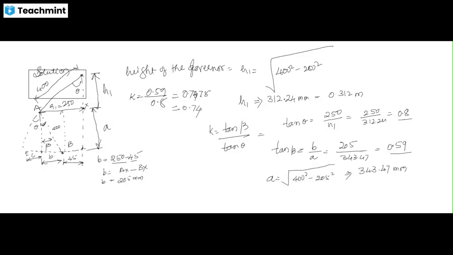Okay, now you have all the parameters. So now let us find out the value of n1.